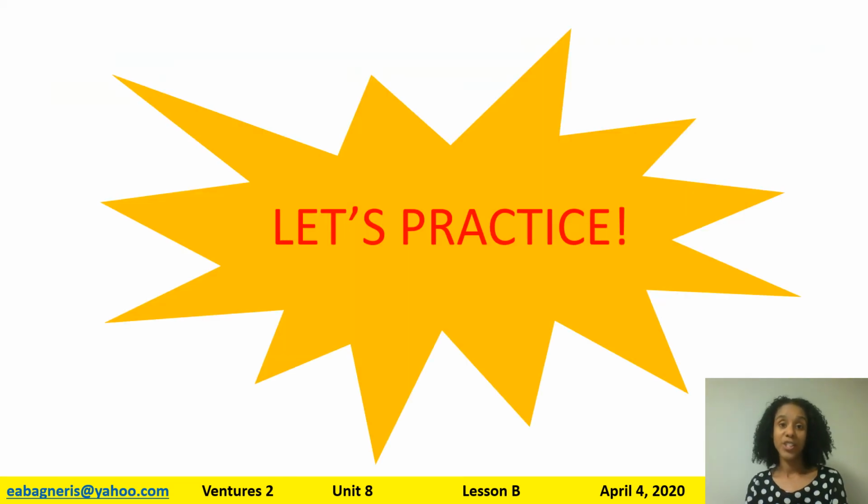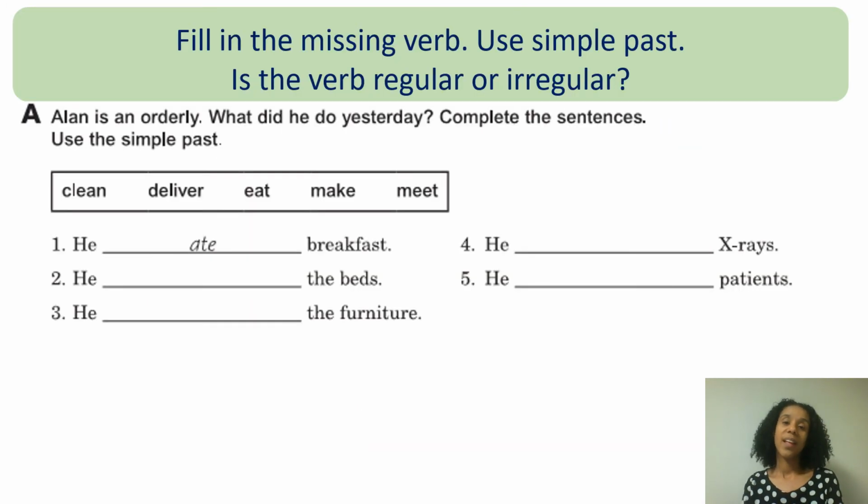Now let's practice using regular and irregular past tense verbs in a sentence. Let's look at this activity. It says, Alan is an orderly. What did he do yesterday? Complete the sentences.